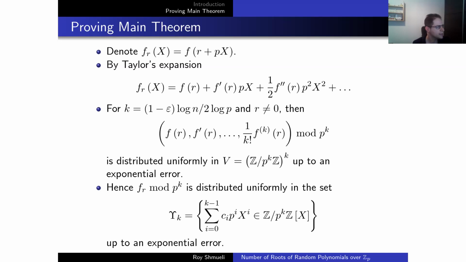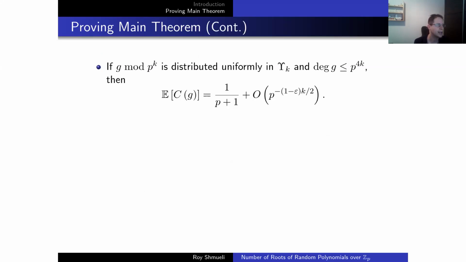Now, what's interesting about polynomials that are distributed uniformly in that set, that their modulo p to the power of k is distributed uniformly in that set, is that I can calculate the number of p-adic roots they have if I know that they're distributed uniformly in the upsilon set. This I will prove later too.